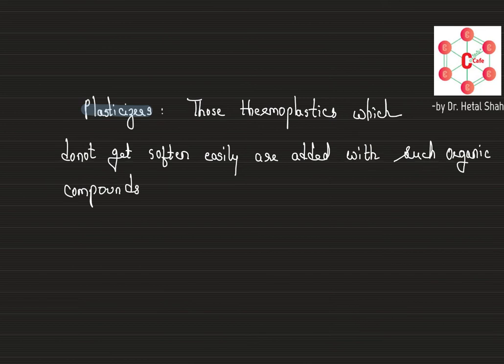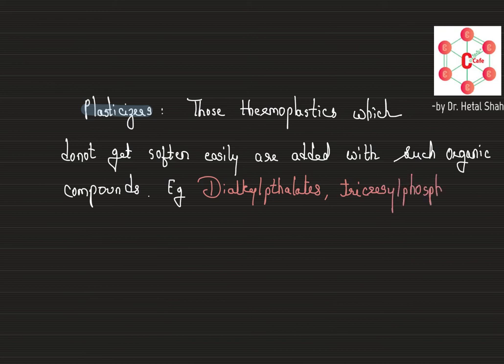These are plasticizers, right? And these compounds are then called plasticizers. Example, you can give examples of dialkyl phthalates, tricresyl phosphates, etc. So these are plasticizers. Okay, so you need to know this.